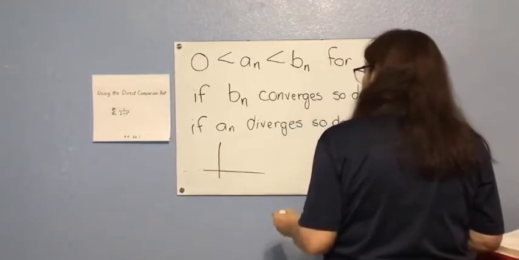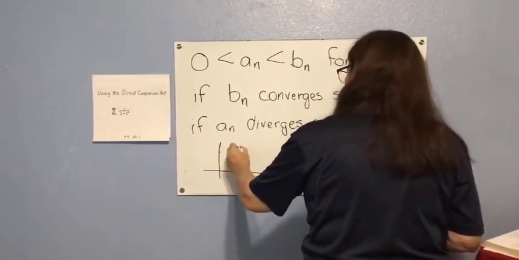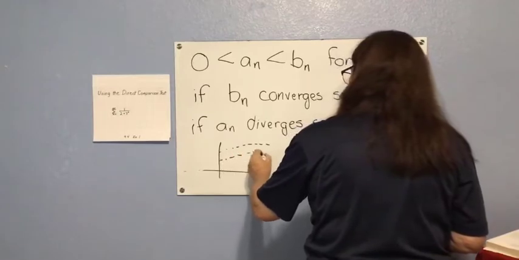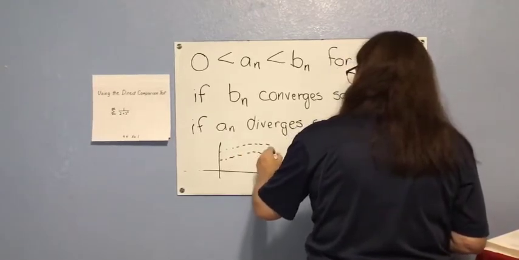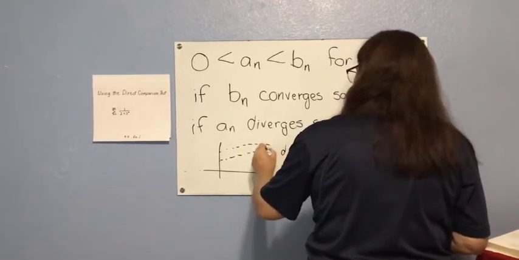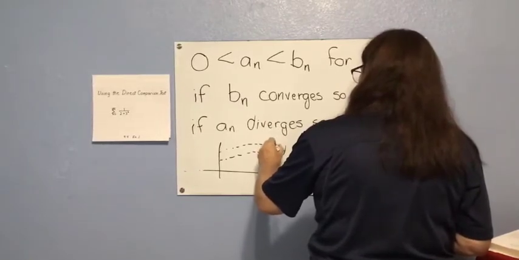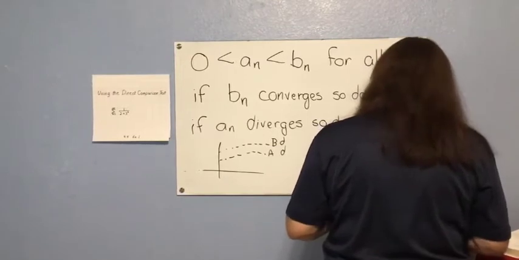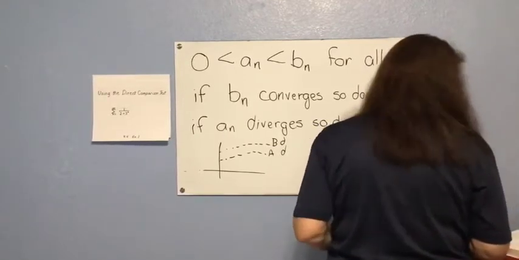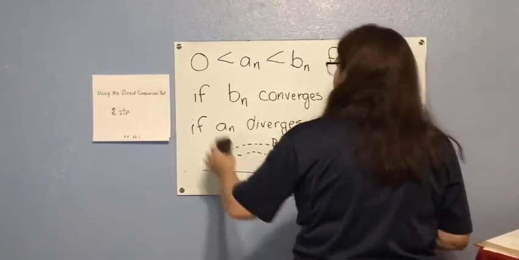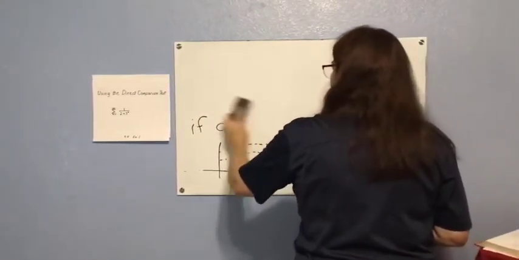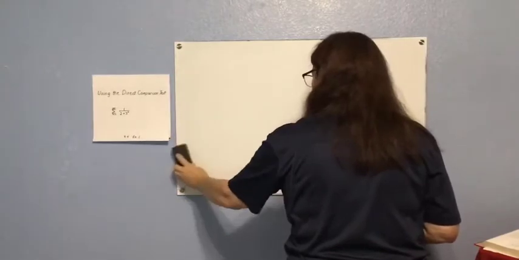And just looking at the graph again, if this is B and this is A, if I know that A diverges and B is always bigger, it's going to have to diverge as well. Okay, so this is called the direct comparison test. Let's look at some examples.